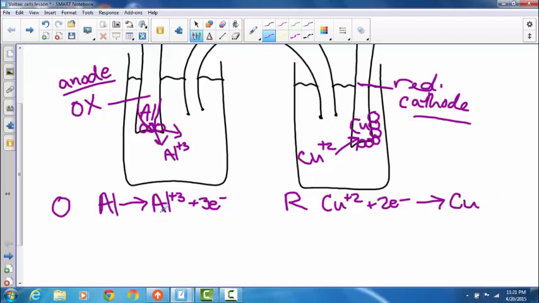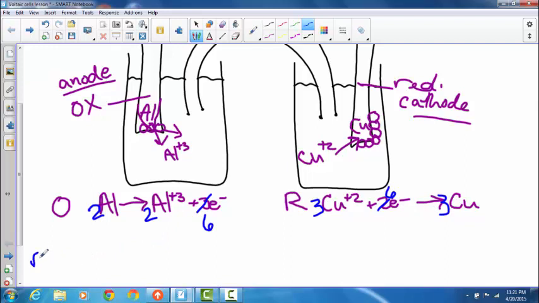And lastly, I would like to write a balanced skeletal reaction. So I'm going to switch colors here because I need to do some balancing. I've got 3 electrons here and 2 electrons here. I want to go to 6. So to change that to a 6, I would have to double this and double this. And to have this one go to 6, I would have to triple this and triple this.